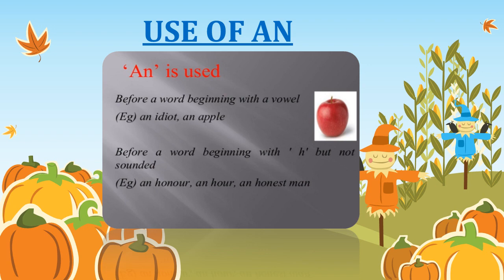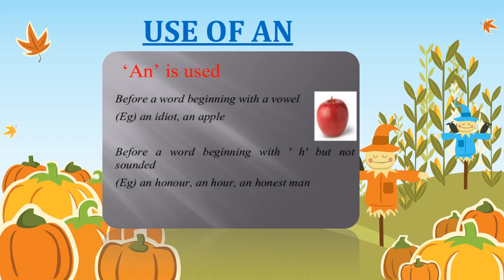As we have studied, we use a before the words which begin with vowel letters but the sound of the consonant letter. Same is the case with an. Here, an honor begins with a consonant but the sound comes of vowel O. So we are using an here. An hour, an honest man.